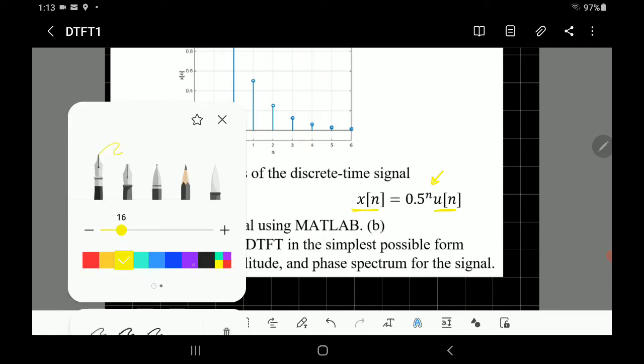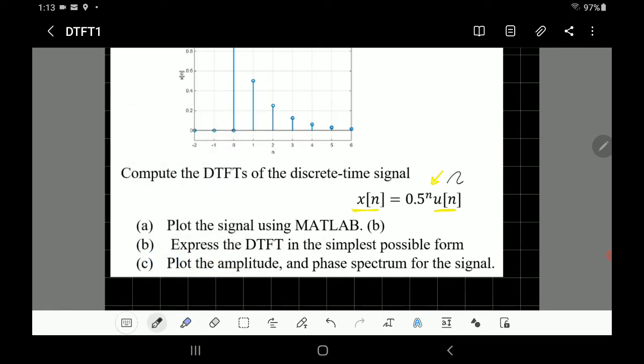When you multiply any function by the unit step sequence, it means that this function, 0.5 to the power n, will start from n greater than or equal to 0, and before that the function will be 0. That's the meaning when you see any function multiplied by the unit step.